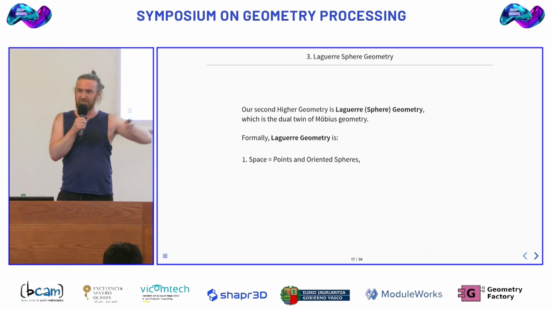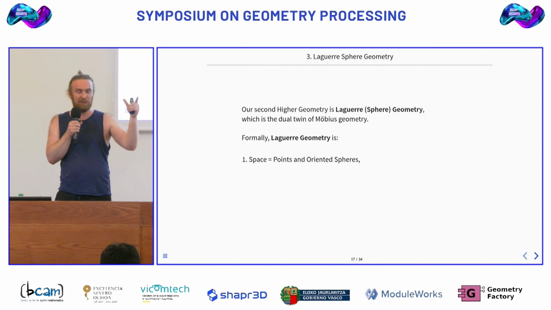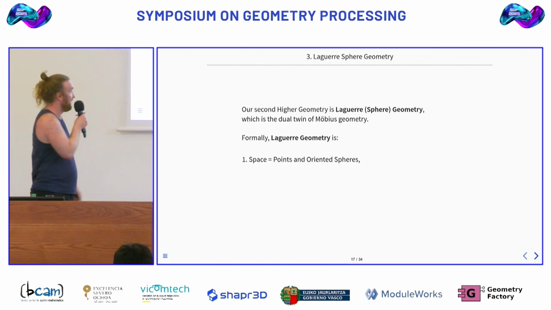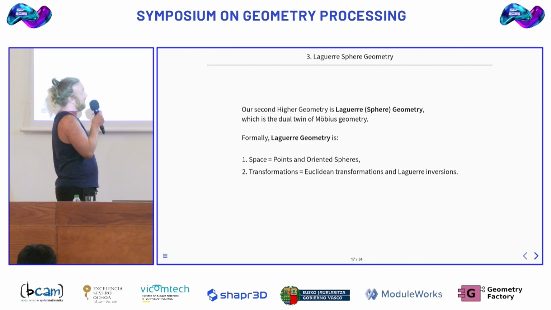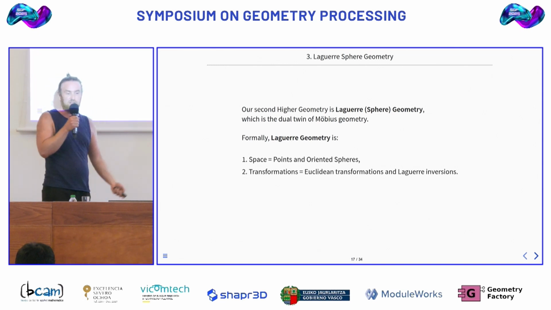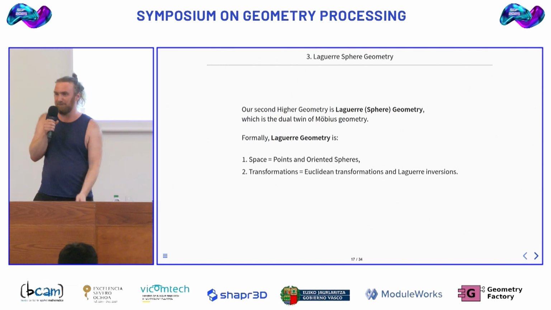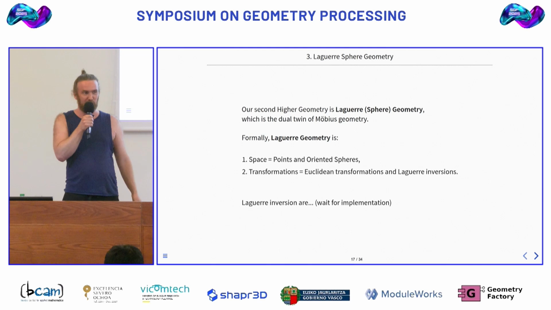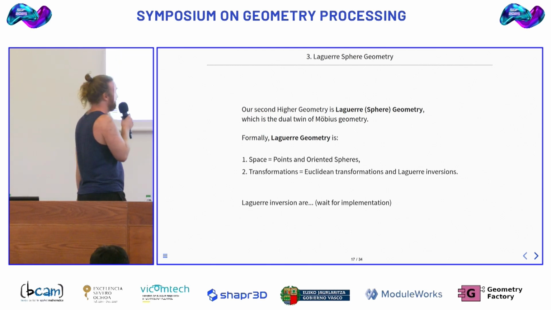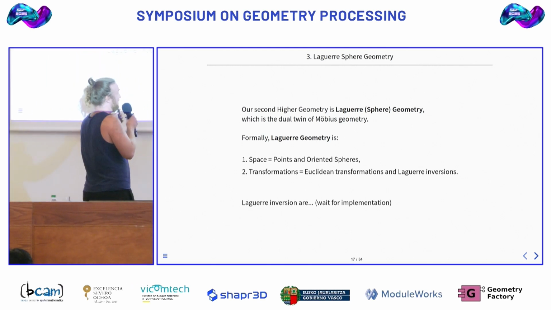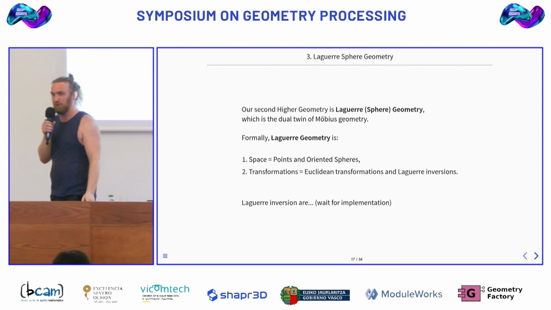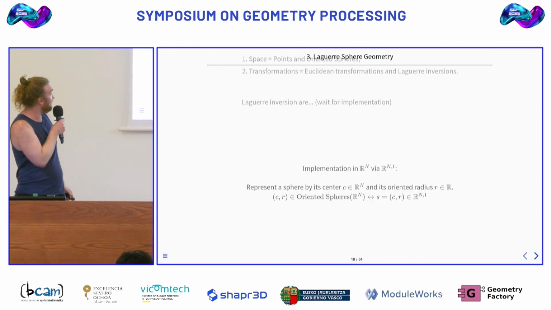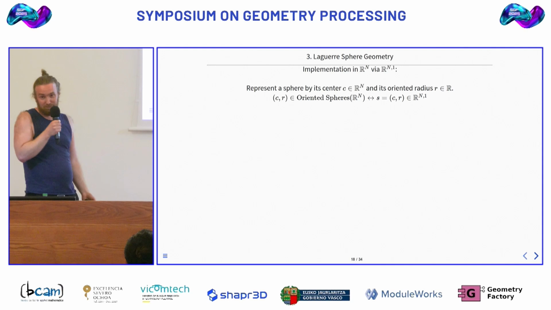From a manifold perspective, it could really be the orientation of the manifold. Now I allow transformations that are, again, Euclidean transformations and some Laguerre inversions. I would love to explain them directly, but it's a bit of a mess, so I feel it's going to be much easier to explain when I explain how to implement Laguerre geometry, which I'll do right now.